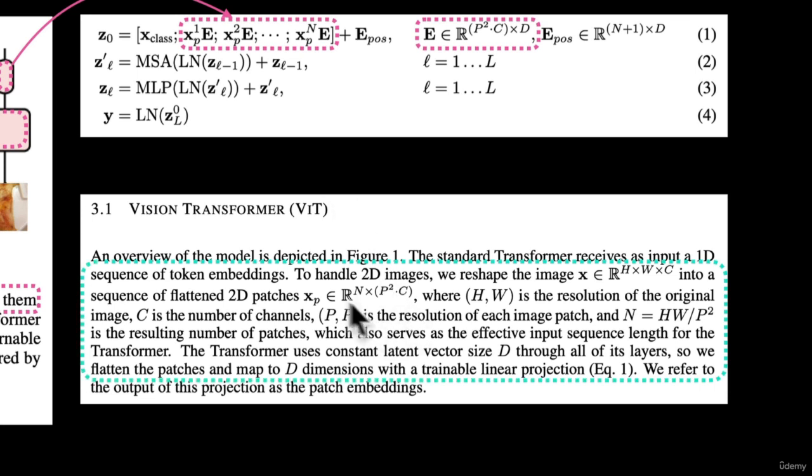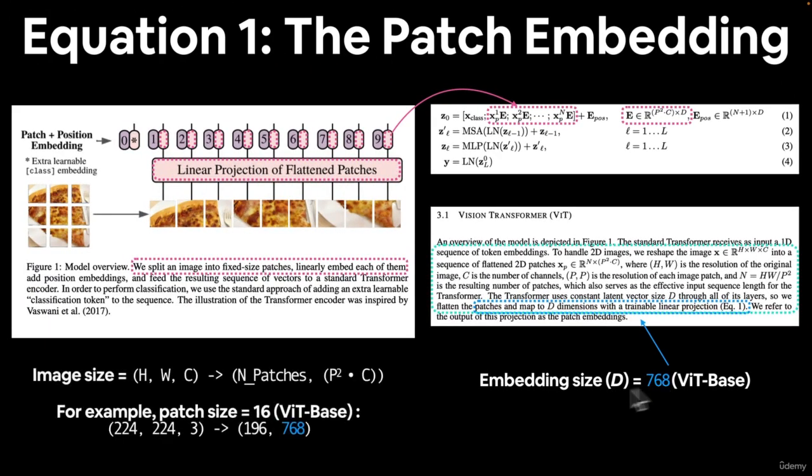So if we keep going, this is what we've replicated so far, one layer at a time, patches and map to D dimensions with a trainable linear projection. So D dimensions is our embedding dimension. So if we use an embedding size of 768, and an image size of 224, 224, 3, we've now got number of patches 196 with an embedding size of 768.